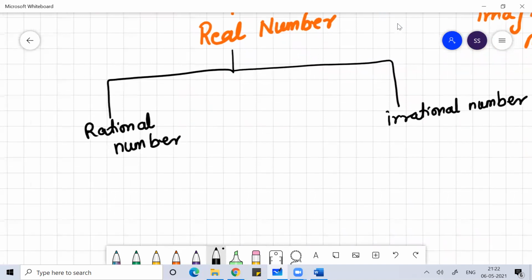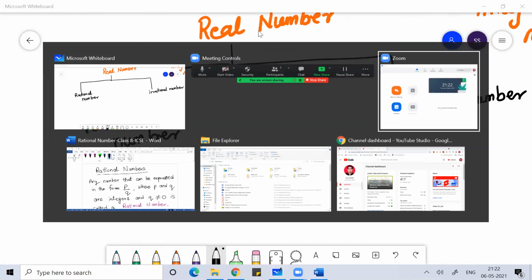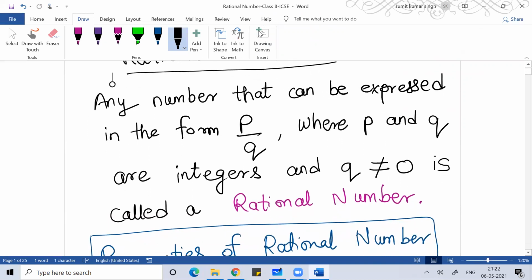Rational numbers are those numbers which we can represent in the form of P by Q, where P and Q should be integers and Q should not be equal to 0, because any number divided by 0 is not defined.